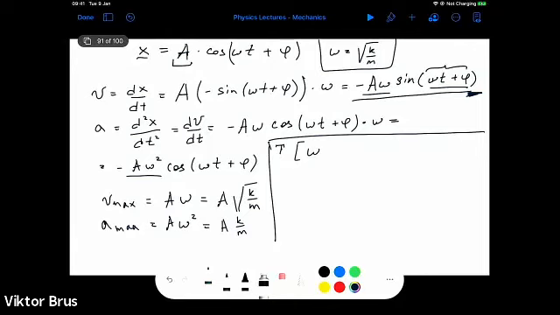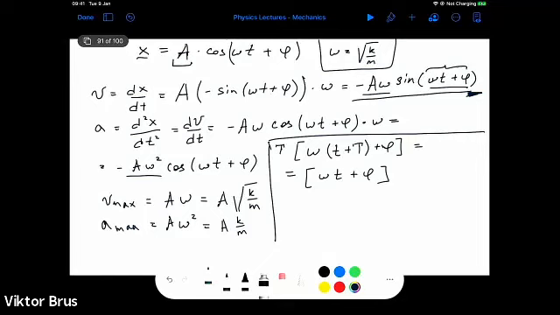Omega times t plus period plus phi, the phase shift, is equal to omega t plus phi.